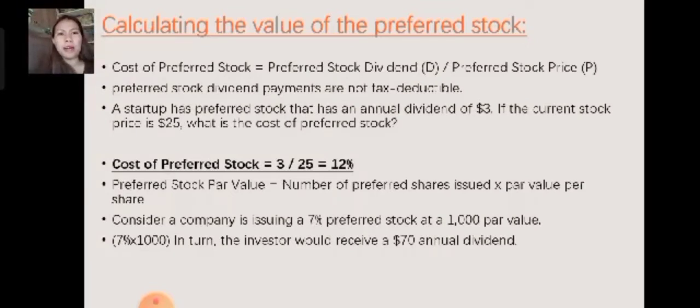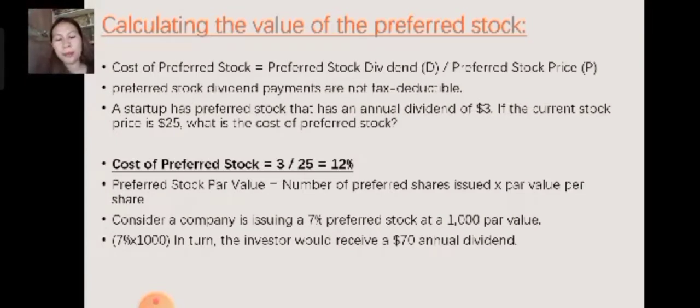Another is how to calculate the par value of preferred stock. Par value of one share of preferred stock equals the amount upon which the dividend is calculated. In other words, par value is the face value of one share of stock. Here's the formula: preferred stock par value is equal to number of preferred shares issued multiplied by par value per share.